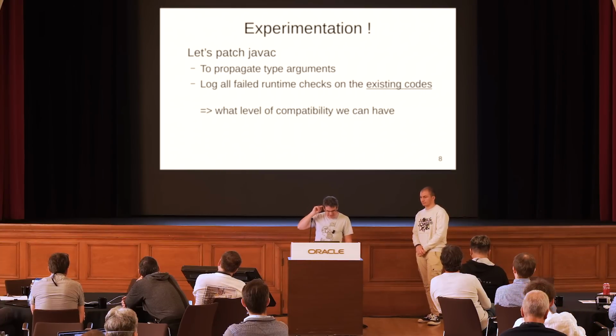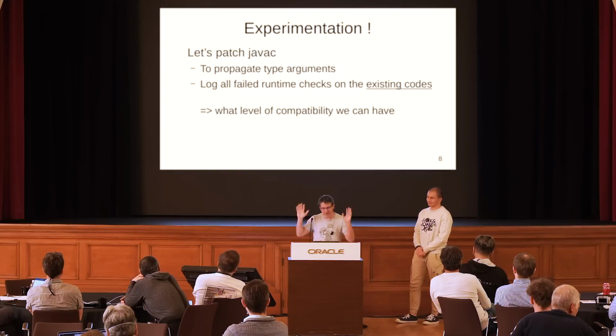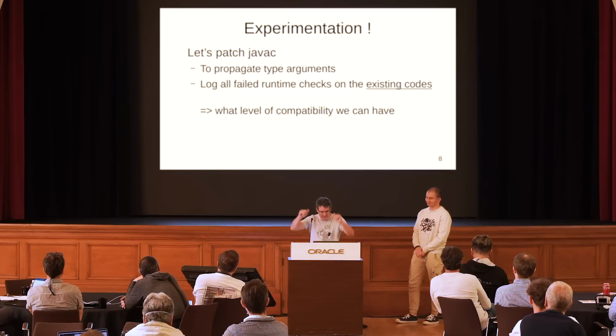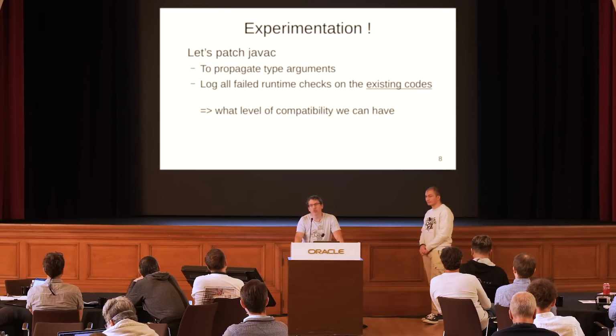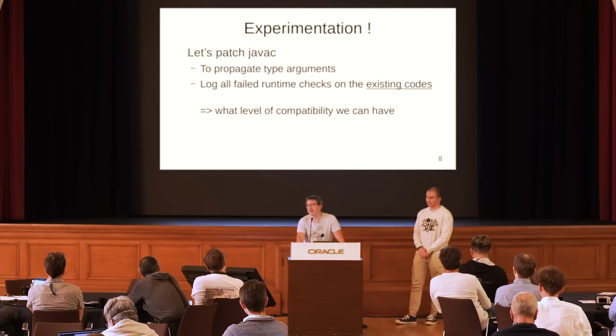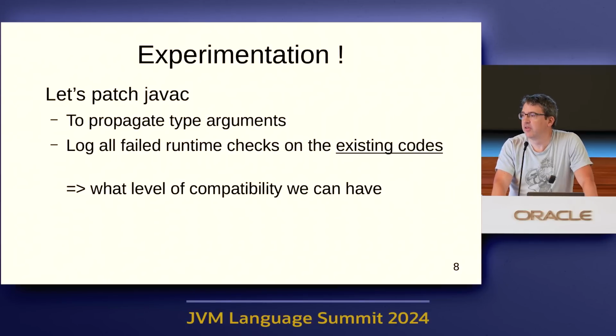So we have done an experimentation, or exactly, Loris has implemented everything. I have done nothing, just said, that's good. The experiment is to patch javac to propagate the type and to see on existing code if the cast can fail or not.